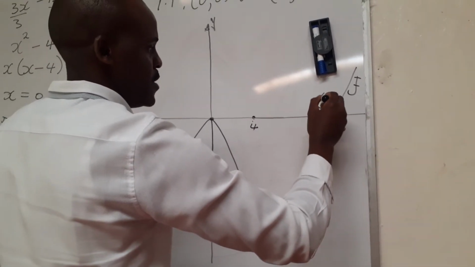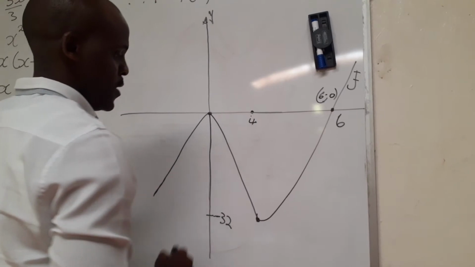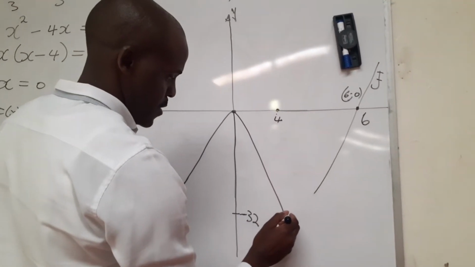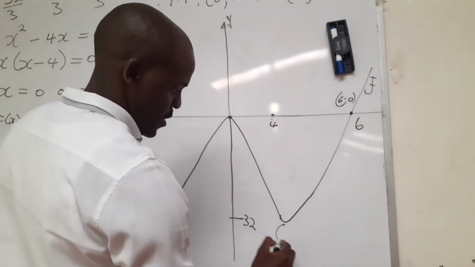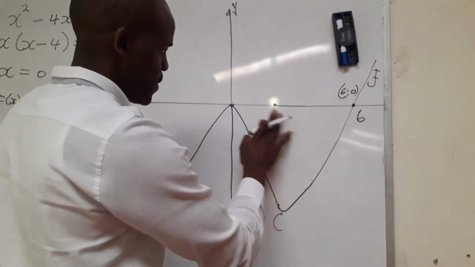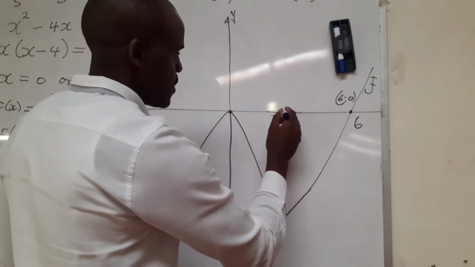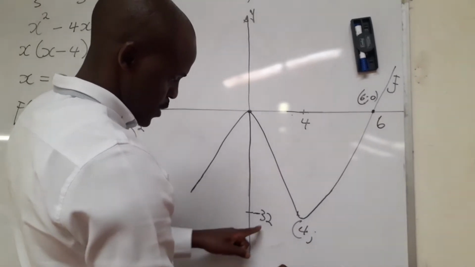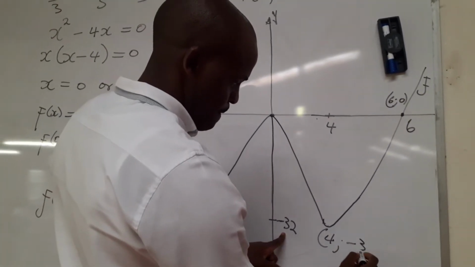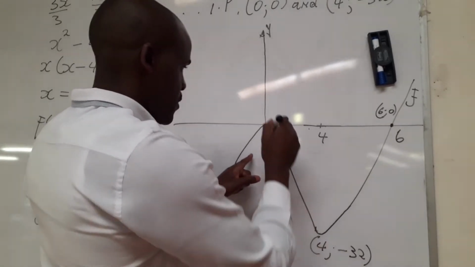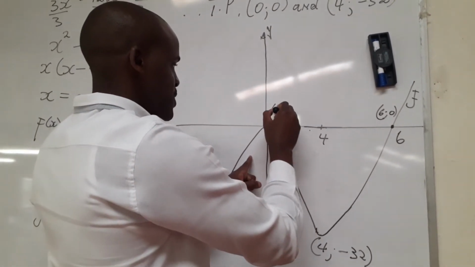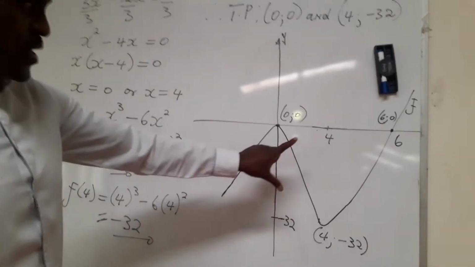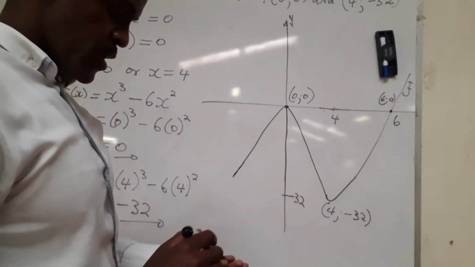Function of f, 6 is to 0. Our turning point is 4 is to negative 32. Also another turning point, which is also the x-intercept, 0 is to 0. So we've indicated all the points. Your graph is now complete.